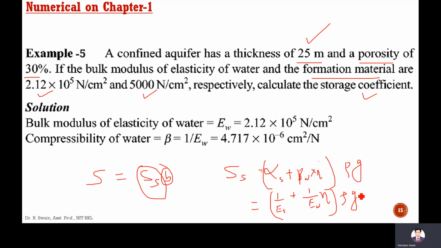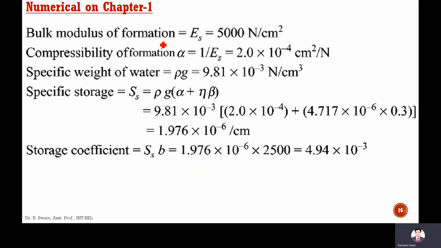So the modulus of elasticity of water is given, 2.12 into 10 to the 5 Newton per cm square. So compressibility beta W you can calculate here. The bulk modulus of formation, means soil, is given, and compressibility of formation alpha will be 1 by ES, 1 by 5000 Newton per cm square.